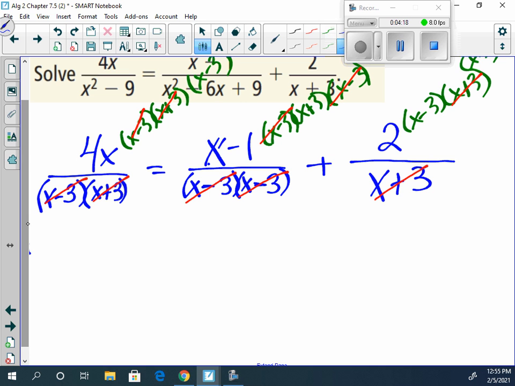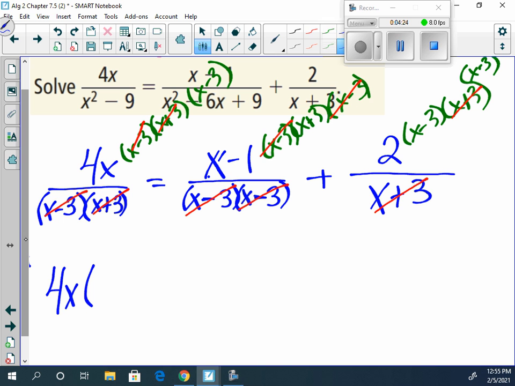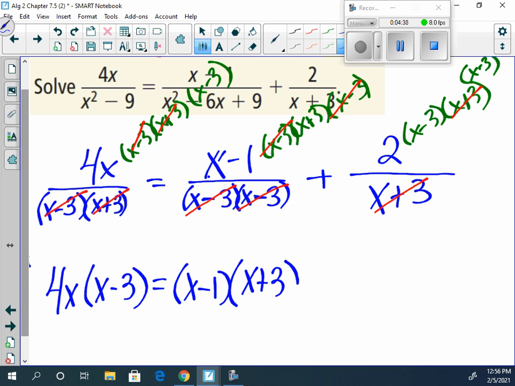And let's see what we have left. Well, in the first one, we have 4x times, well, we just have x minus 3. That's the only thing that was left. Equals. Well, in the middle one, we have x minus 1 times x plus 3 plus 2 times.